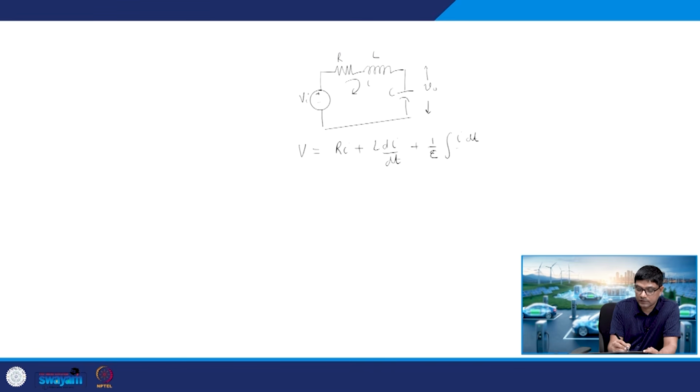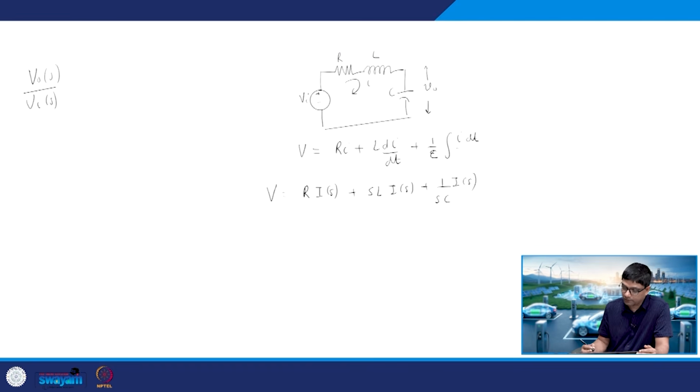I want to find out what is the transfer function of this, let us say V out over Vi of S. So, I take the Laplace transform: V equals R times I of S, plus S times L times I of S, plus 1 over SC times I of S. Now I have V equals R plus SL plus 1 over SC, times I of S. What I see here is that the differential equation has now simply become a linear equation.